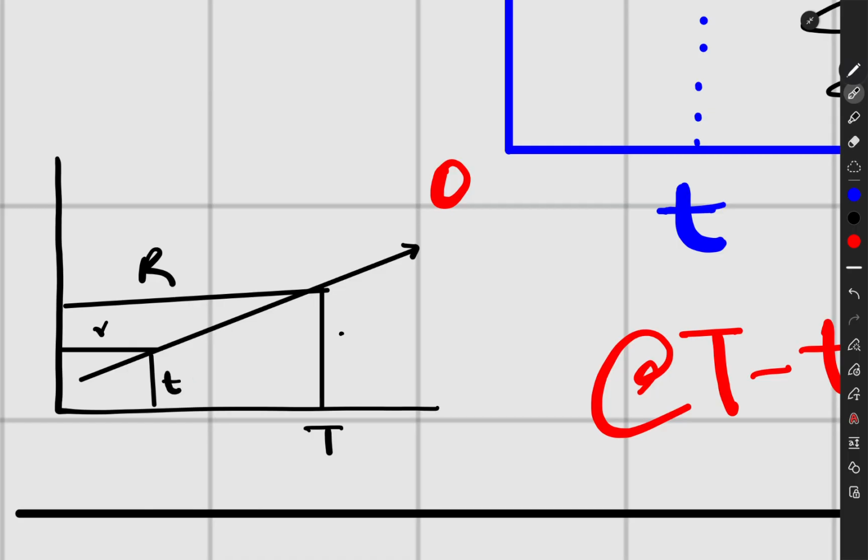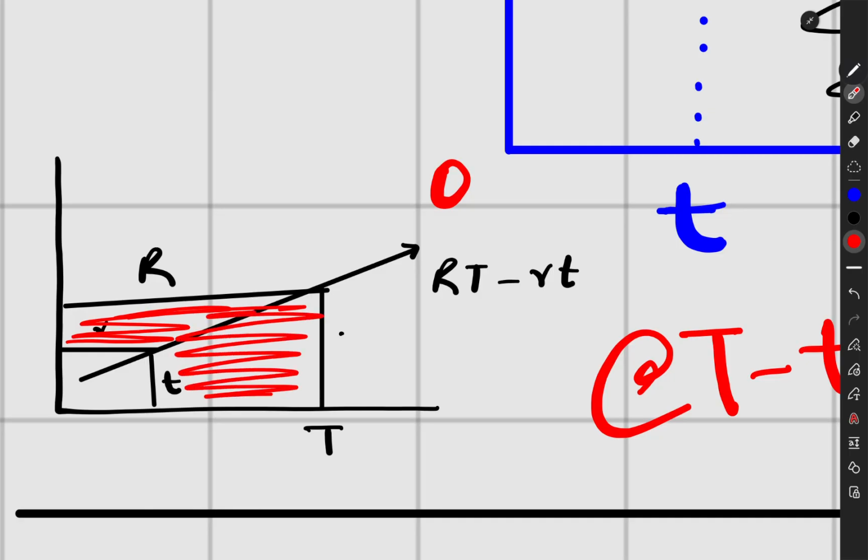Now, if we do RT minus rt, we would get this area, and this area divided by this length, that is T minus t, would give us a good idea of this length, that is r. That is the estimated r.